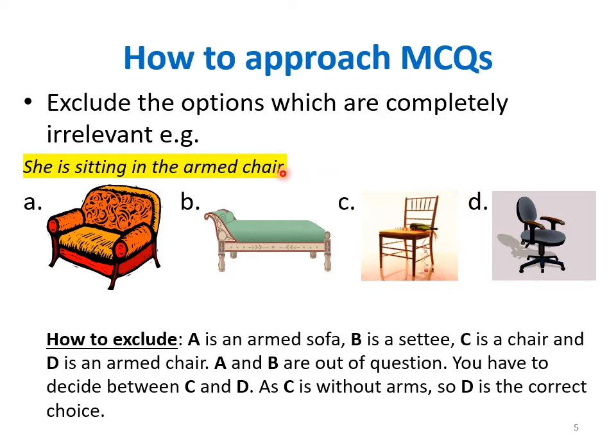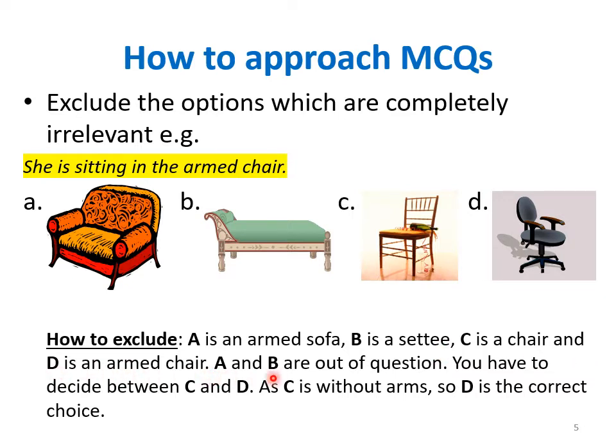For example, the sentence is: she is sitting in the armed chair. You could see four pictures: A, B, C, and D. We are trying to learn the principle of excluding the irrelevant options. A is an armed sofa, B is a settee, C is a chair, and D is an armchair.